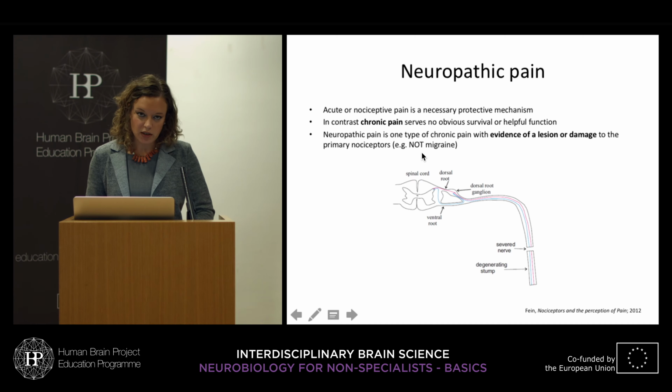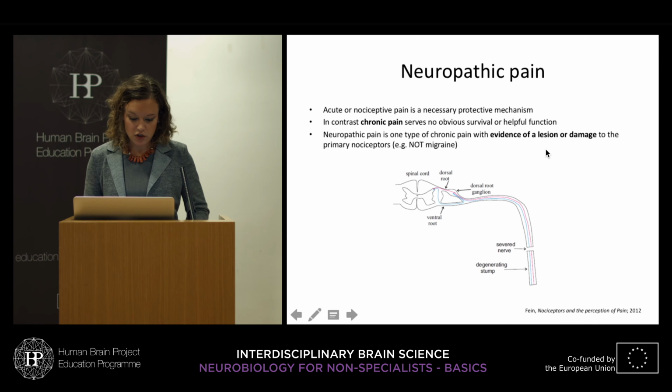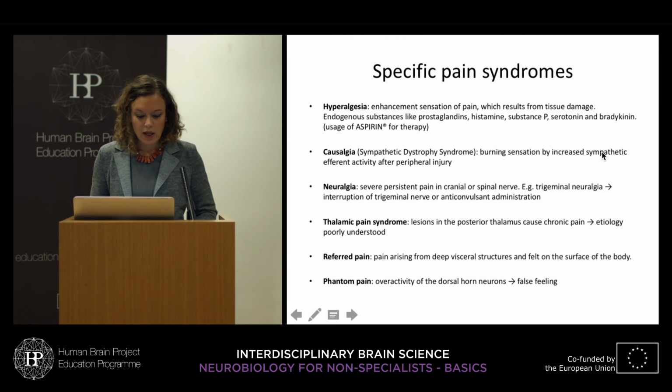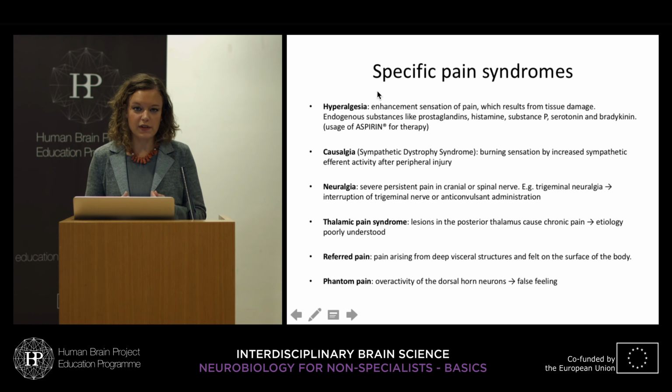One type of chronic pain is neuropathic pain, and this happens when there is a lesion or damage to your nerve, for example, or to the primary nociceptors. Other specific pain syndromes are, for example, hyperalgesia, where there is an enhancement of the sensation of pain resulting from tissue damage, and different substances are involved in this, also substance P. Or causalgia, where you have a burning sensation due to increased sympathetic efferent activity.